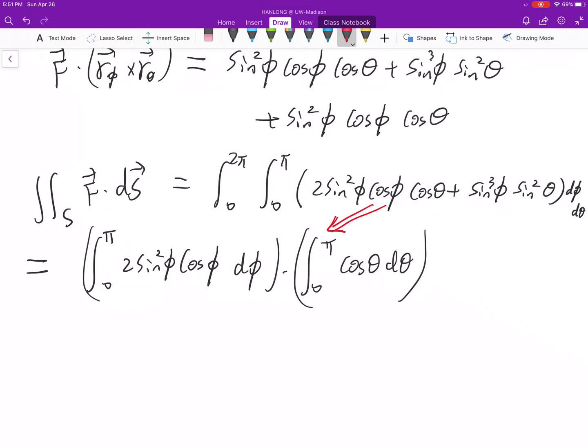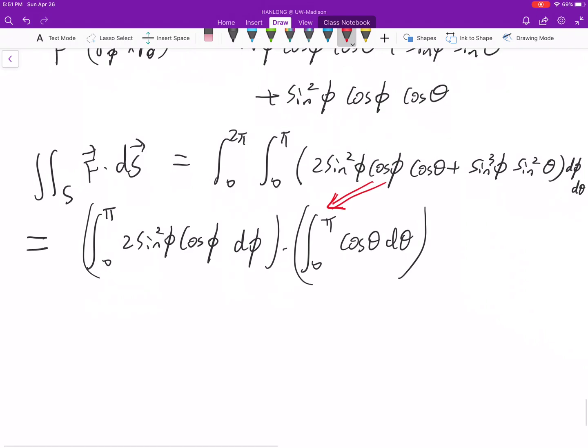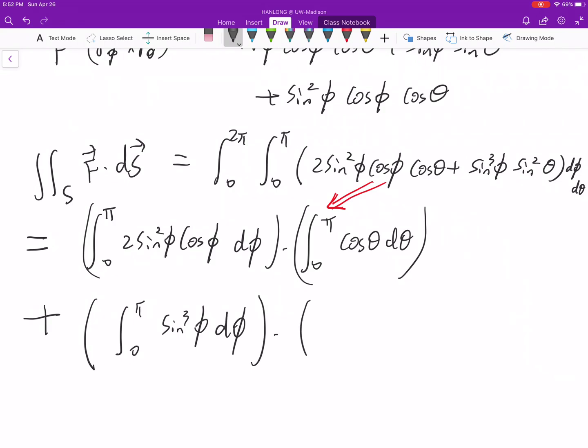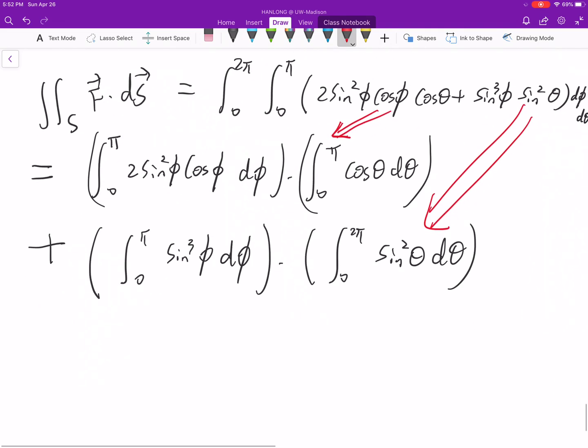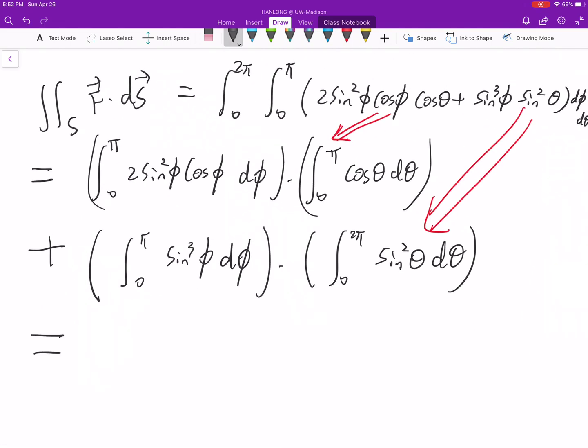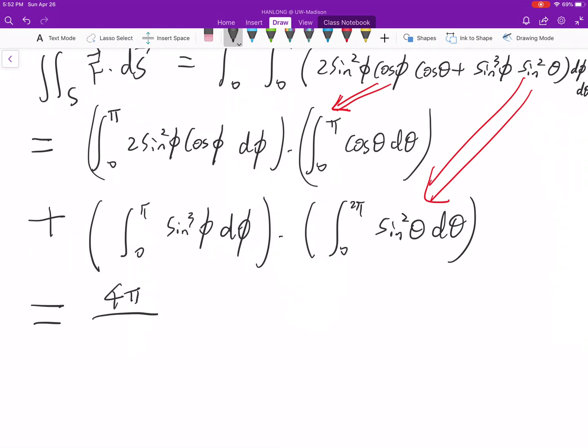You just split the phi part and the theta part. And then plus, do the same thing: from 0 to pi sine cubed phi d phi times from 0 to 2 pi sine squared theta d theta. So this is the second part. You also do the splitting, and then you can calculate those integrals in one variable carefully. So I will omit the details. You do have 4 pi over 3.